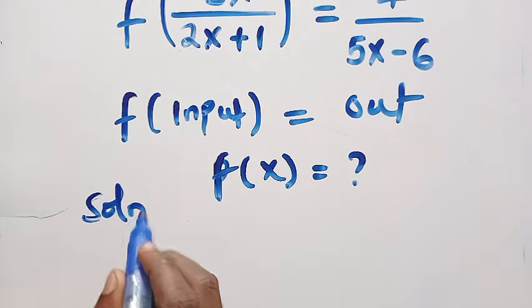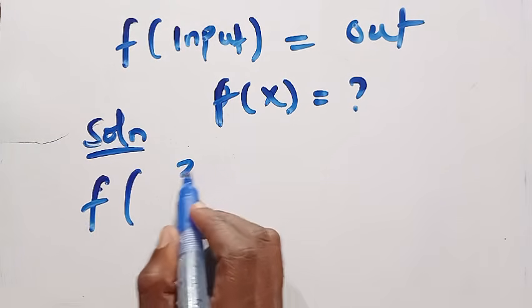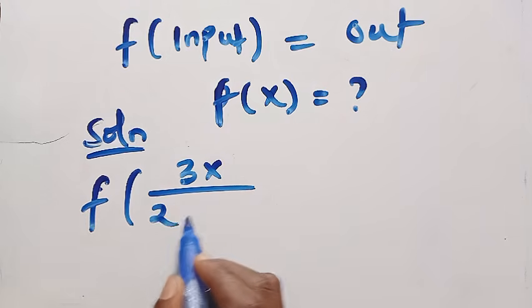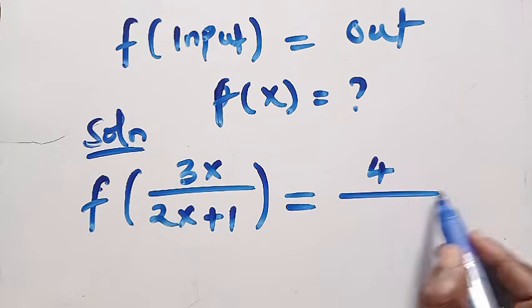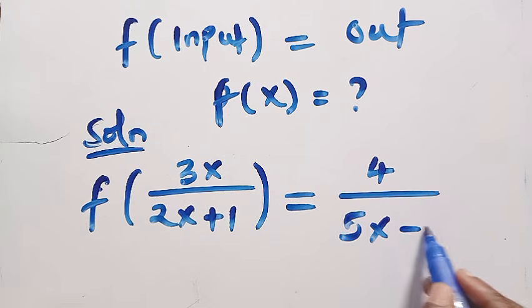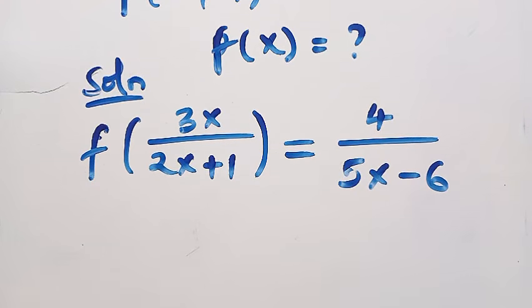If we consider the solution first, let's find the domain of this function. We have f of 3x divided by 2x plus 1 equals 4 divided by 5x minus 6. Looking at the domain at this stage, suppose I let 2x plus 1 equals 0.